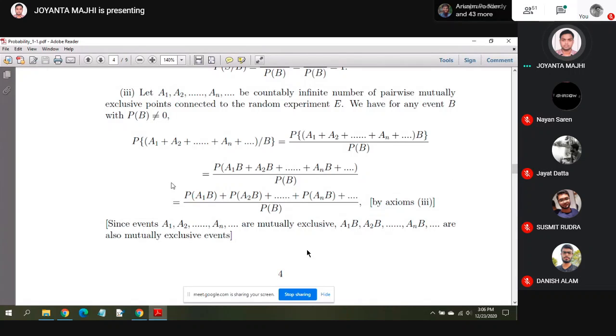Now probability of A1 plus A2 plus dot dot, a countably infinite number of exclusive events, by B is equal to, we apply conditional probability, probability of this infinite sum A1, A2, dot dot, An and so on, intersection B, by probability of B. This came from the definition of conditional probability.